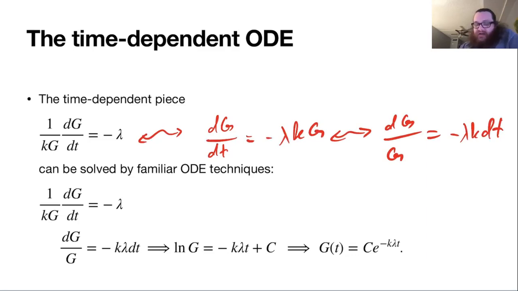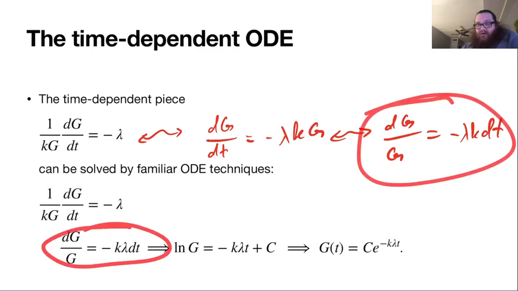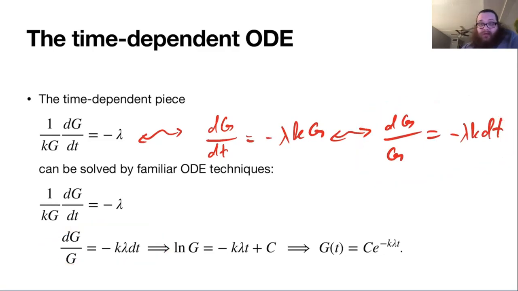Sure, we're treating these infinitesimals as fractions, which is a little more frowned upon, but for actually solving things, it doesn't really matter. Okay, so this expression right here is what appears down here. Okay, so let's actually solve this, right?